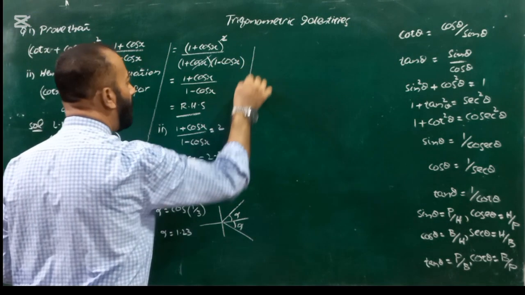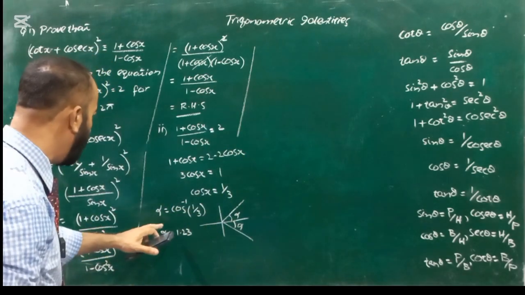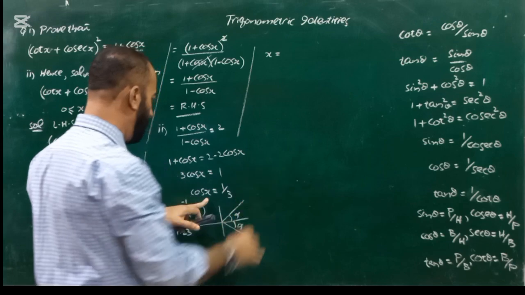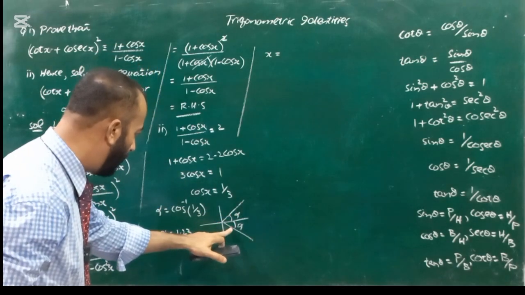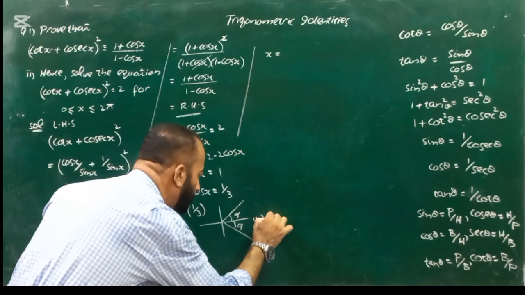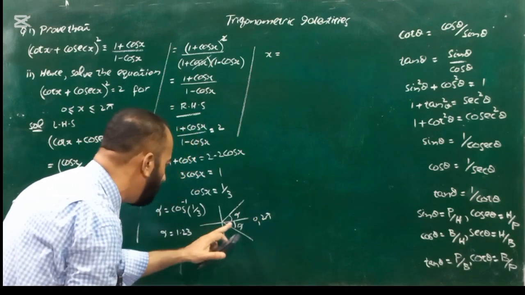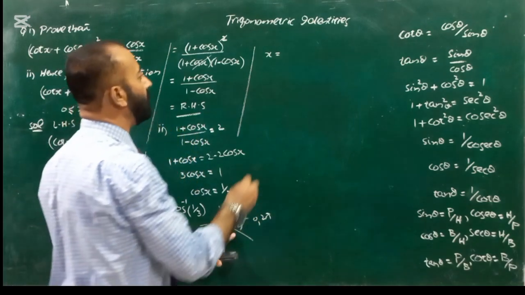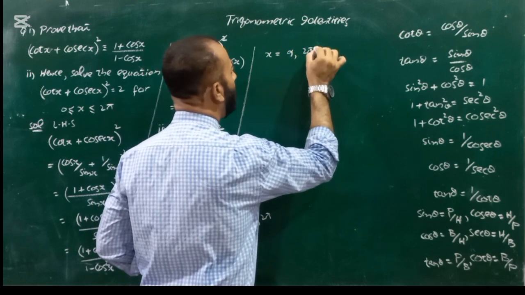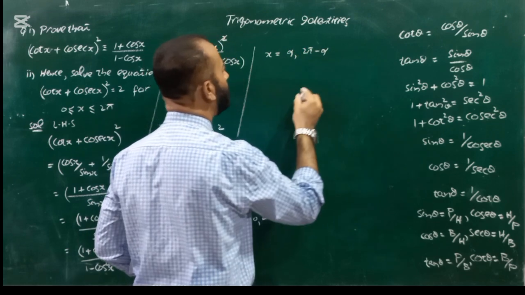Okay. Now the original angle is x. That will be equal to alpha, and so this is 0 to 2 pi. So alpha and 2 pi minus alpha.